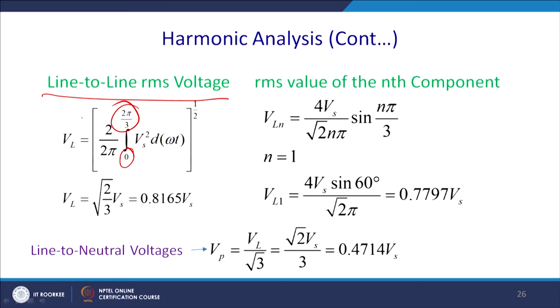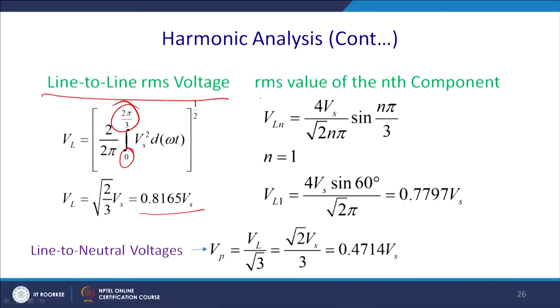So, V square, V square S dt, half. So, this value will be root 2 by root 3 into Vs, that is 0.8165 something like that. Similarly, the RMS value for the nth component is 4 Vs by under root 2 n pi, sin n pi by 3. For n equal to 1 you will get V1 equal to this value.